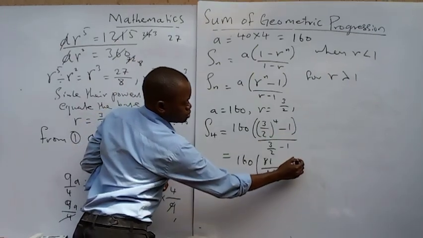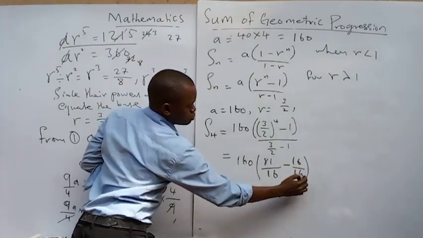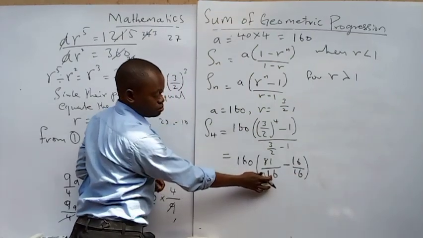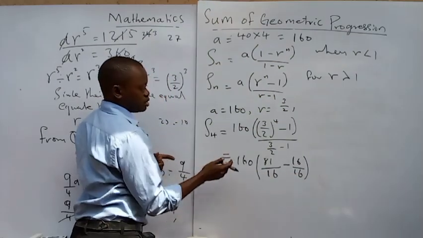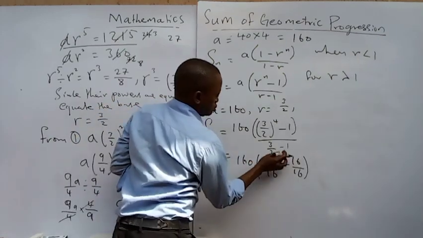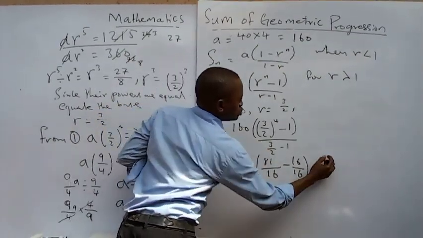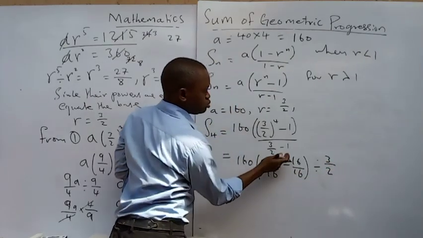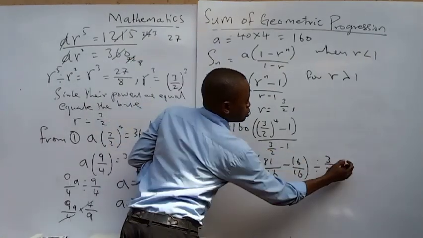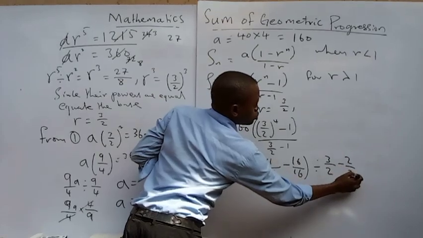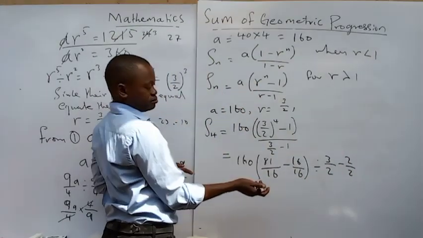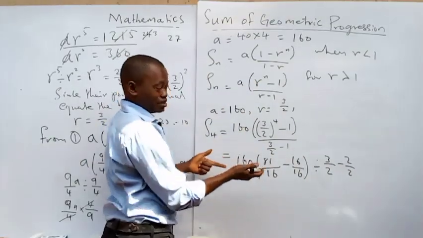Permit me to write it as 16 over 16, so that the LCM can become easy and manageable. Divided by down there, we will have 3 over 2. Permit me also to write this minus 1 as minus 2 over 2. 2 over 2 is still 1. It's just to make the mathematical work easy.